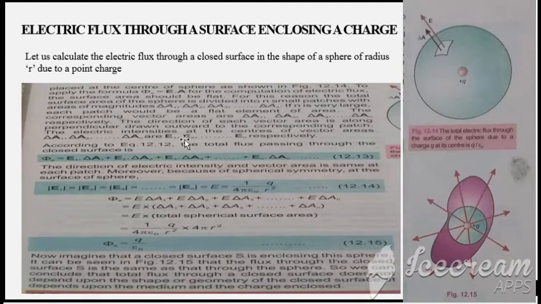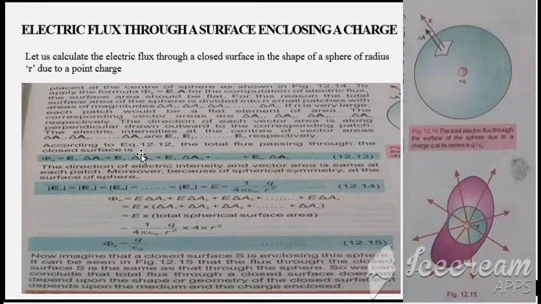The electric intensities at the centers of the vector areas. The electric field intensity which is at the center of this vector area. This E is located at the center of this vector area. Suppose for delta A1 the electric field intensity is E1, due to delta A2 is E2, and due to delta AN is EN respectively.